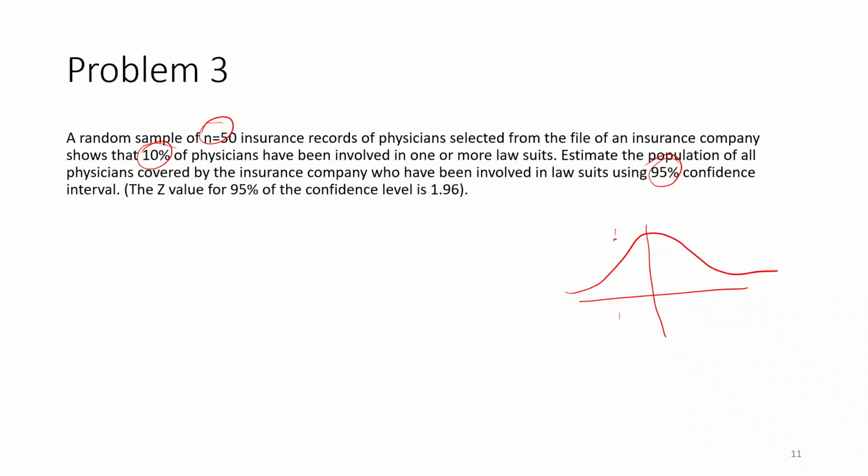The thing is, we have to find how much is this population. Understood? So there will be two values, Z1 and Z2. We have to find this Z1 and Z2 and basically find what area this one is lying in.